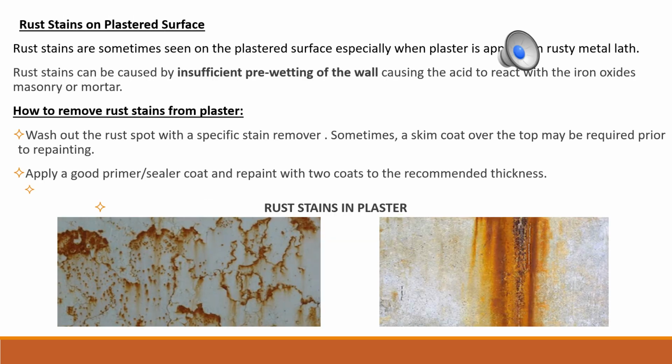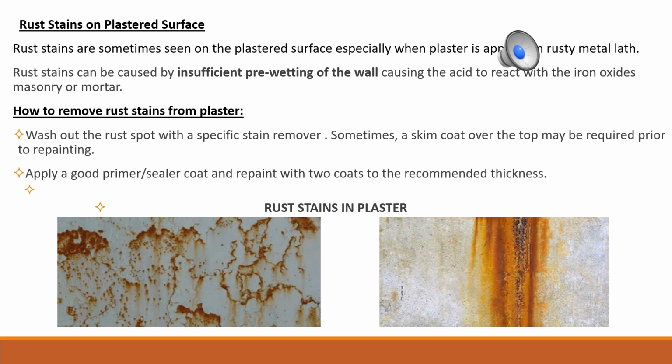On a few occasions, we found rusty stains on plaster. The main reason for rusty stains on plaster is if the expanded metal used below the plaster is rusty, and the expanded metal lath is fixed with rusty washers or steel washers and iron nails.